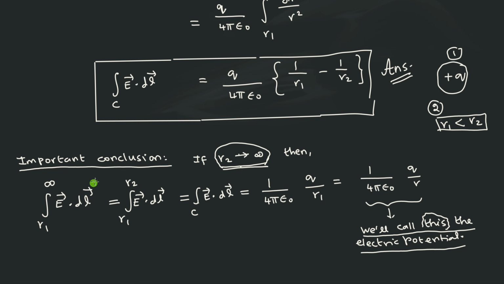So our conclusion is that if you choose R2 as infinity, then the integral is essentially R1 to infinity of E dot dl. If you simplify all these things, the expression I get is 1 divided by 4 pi epsilon 0 into q by r. Remember that this r means r1. R1 and r are both the same.